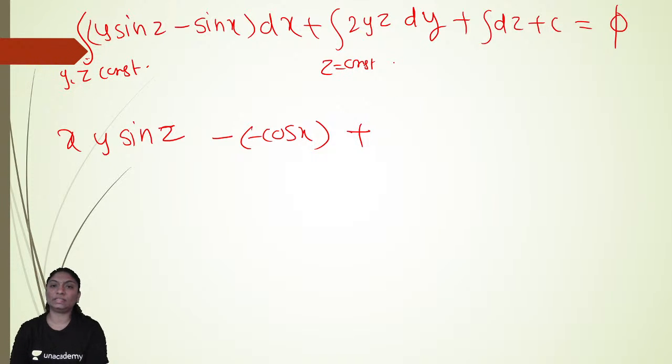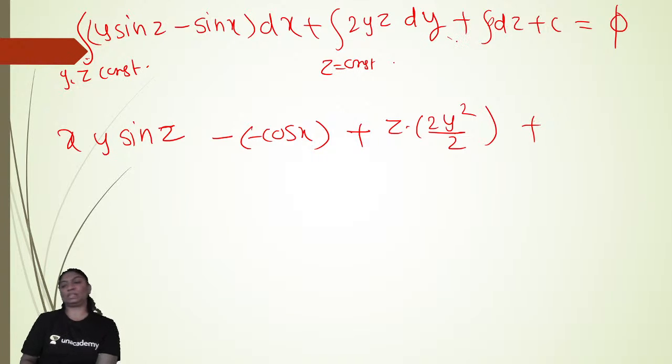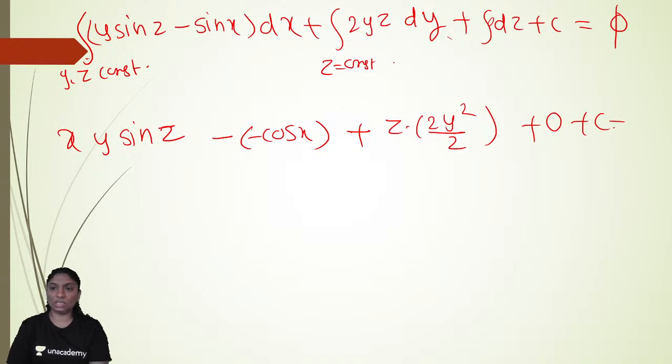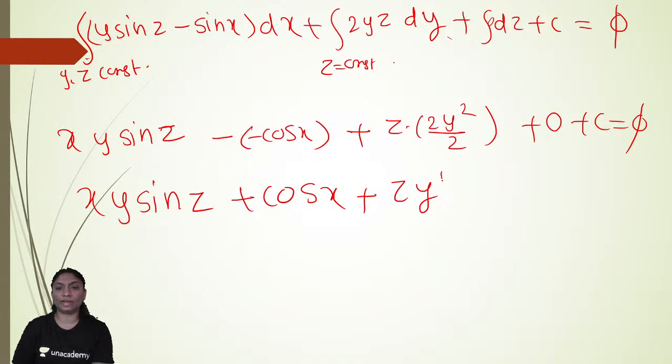Integral of 2yz, keeping z constant: integration of 2y is 2y square by 2, plus integral of 0 dz. There is no term which is free from x and y, and 0 plus c is equal to phi. तो आपका फाइनल आंसर होगा xy sin z plus cos x plus zy square plus c equal to phi.